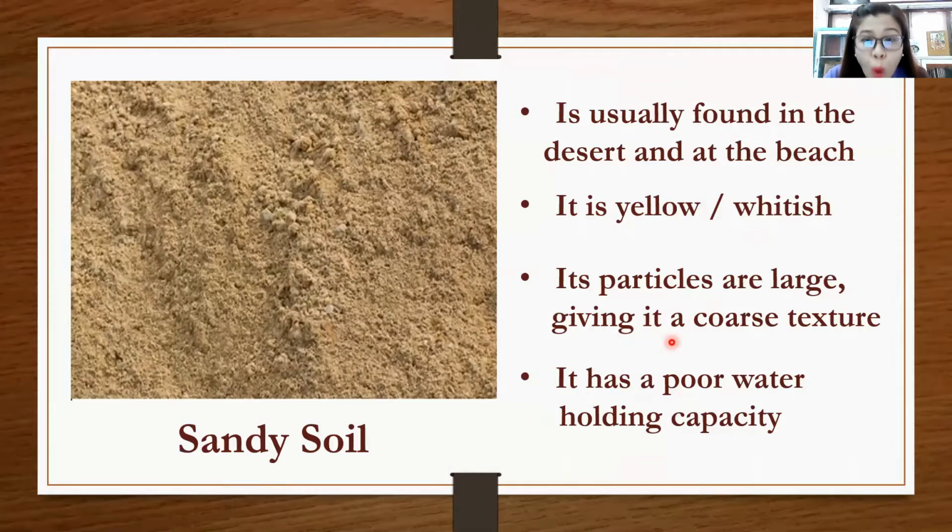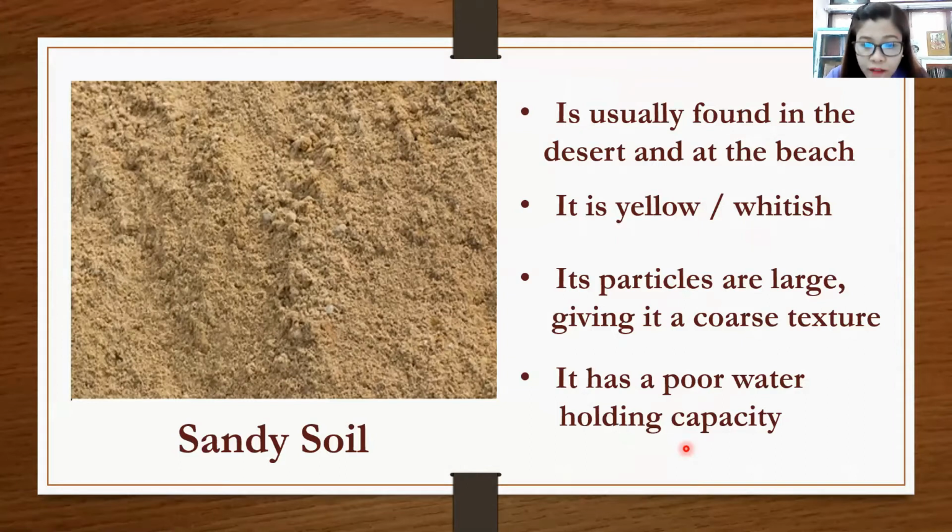So the large pore space between the soil allow water to flow through easily. So therefore, sandy soil has a poor water holding capacity. So the water will just flow through sandy soil.